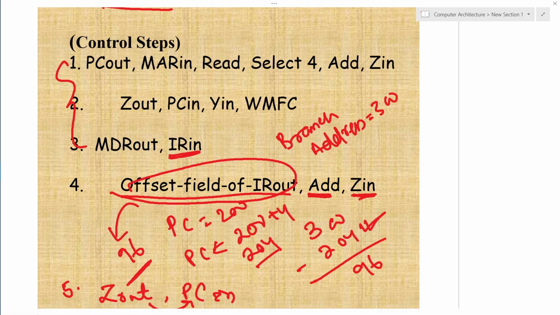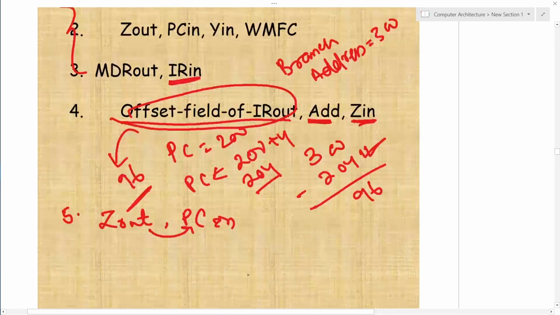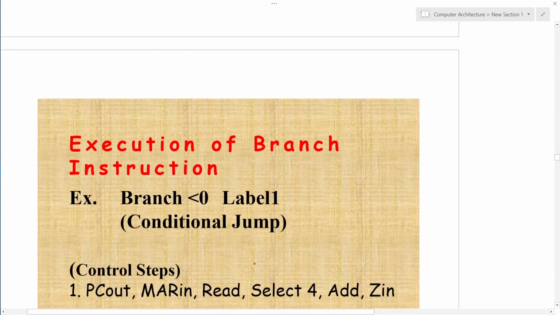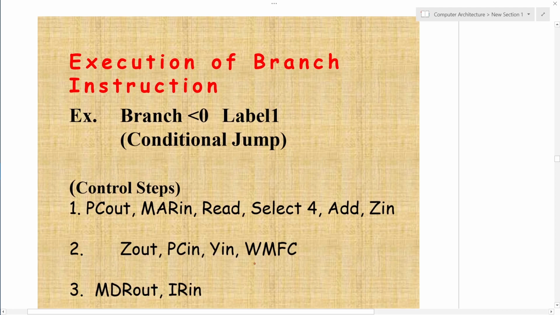Now let's consider another example where we discuss the execution of a branch, and it is a type of conditional branch. In this case, we have to check the status of the condition code, which is nothing but the status flag register concept, and we have to load the new value to PC.